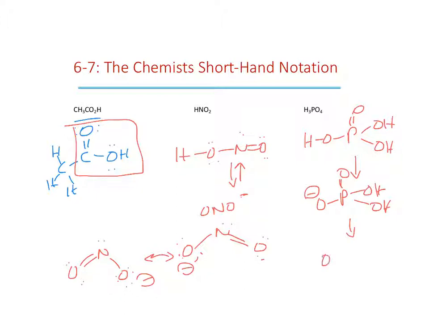Another deprotonation forms O, P, O, O minus, OH, where we can delocalize the other two minus charges through the phosphorus oxygen. And the third one is just PO4, which has this structure, where once again we can delocalize all the minus charges through the phosphate PO bond.